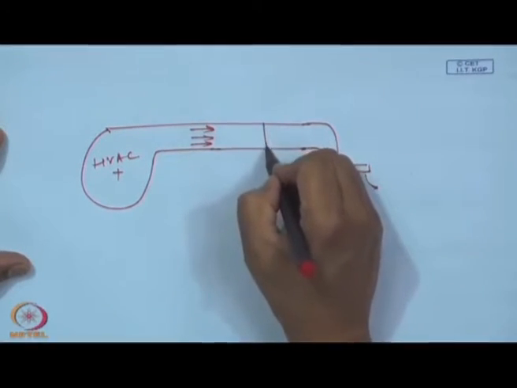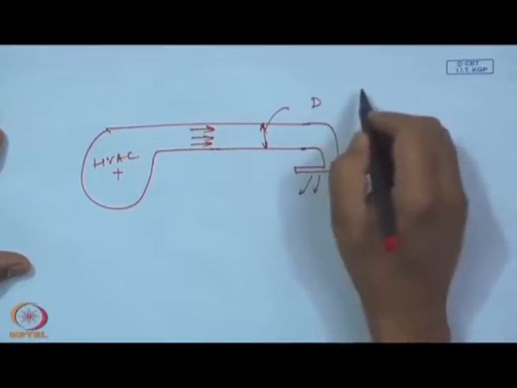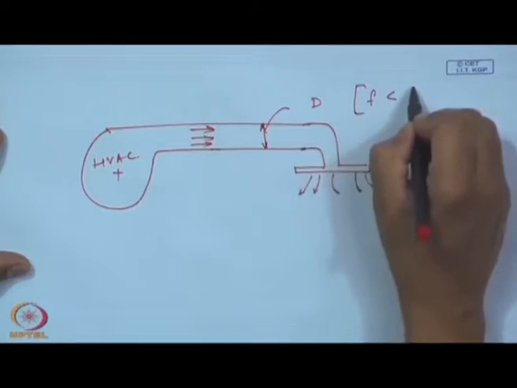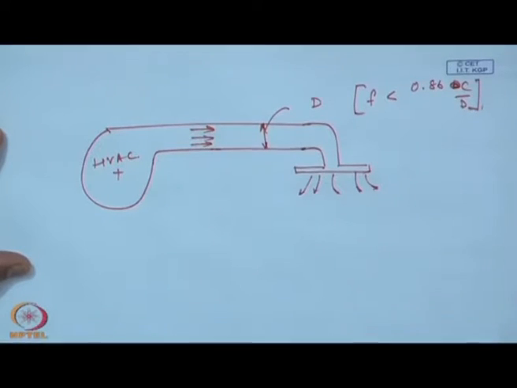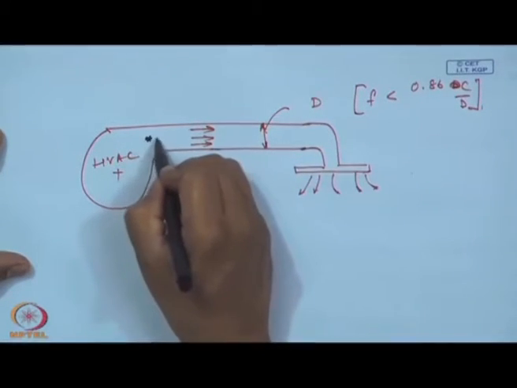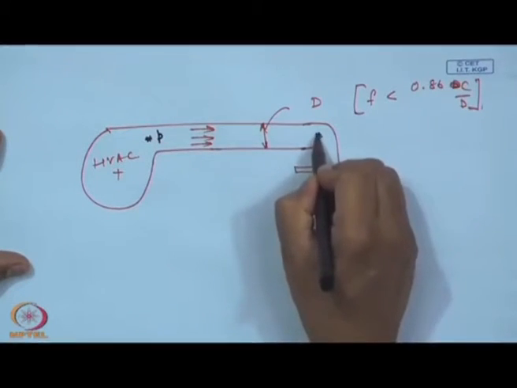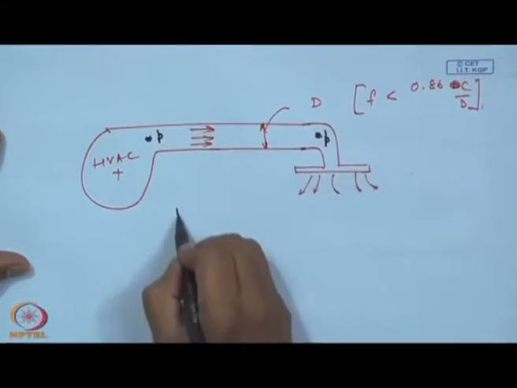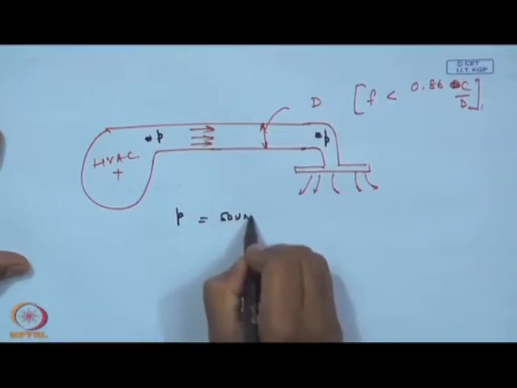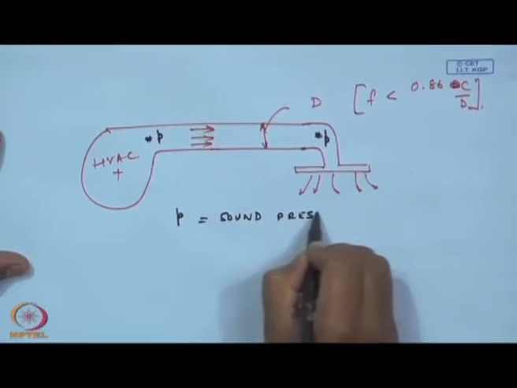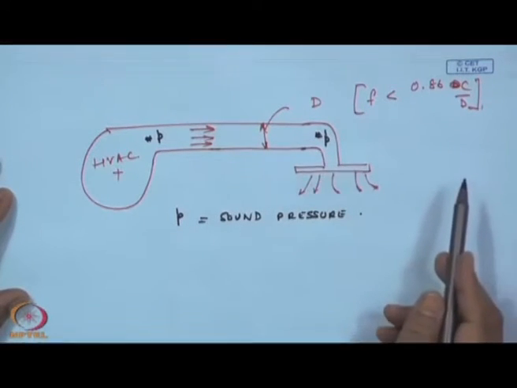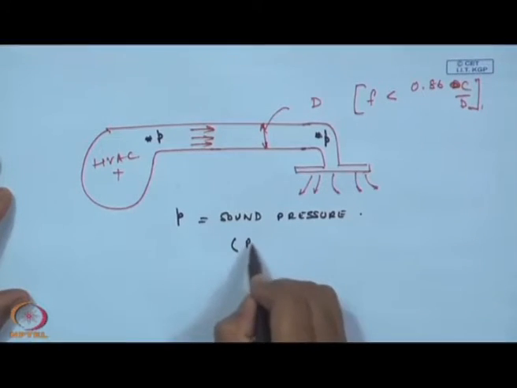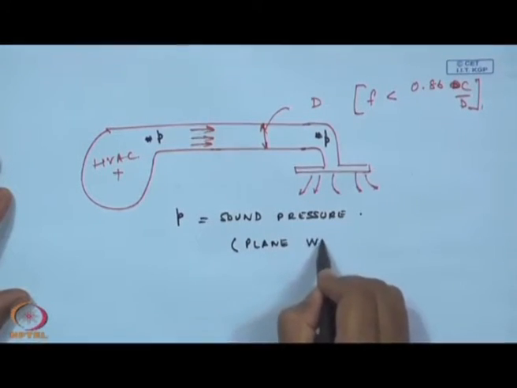If the diameter of this duct obeys this relationship, plane waves will propagate. So, any pressure here in Pascal will be the same sound pressure here, where P is the sound pressure. We do not require any complicated formula to estimate the sound pressure level at the end of the duct, as long as we know that it is a plane wave and plane wave conditions are being satisfied.